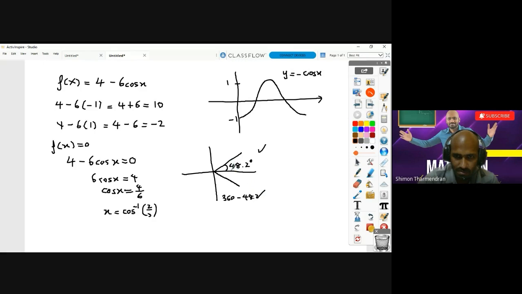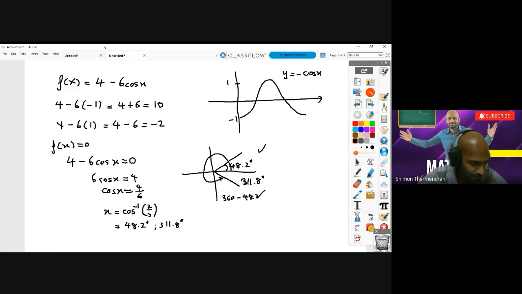So the next solution, this angle is going to be 311.8 degrees. So I have this equals to 48.2 or 311.8 degrees over here.